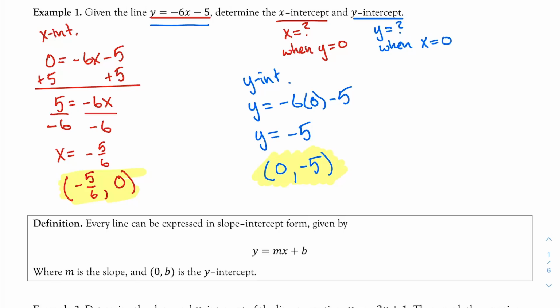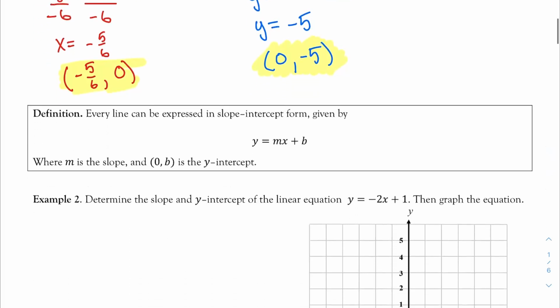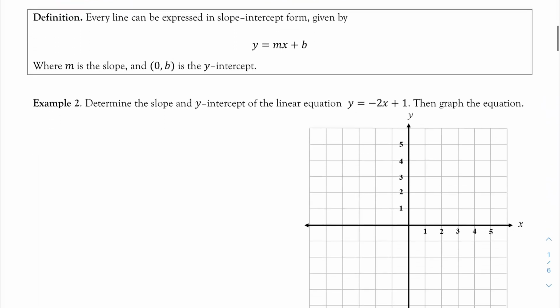Now that we're a bit familiar with the concept of an intercept, let's introduce another definition. Every line can be expressed in what we call slope-intercept form, which is given by y equals mx plus b.